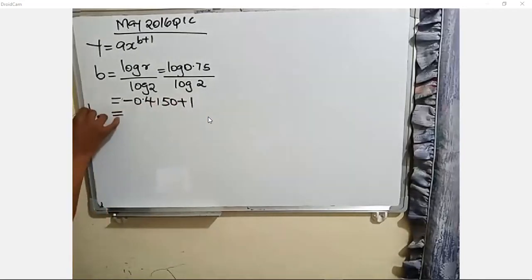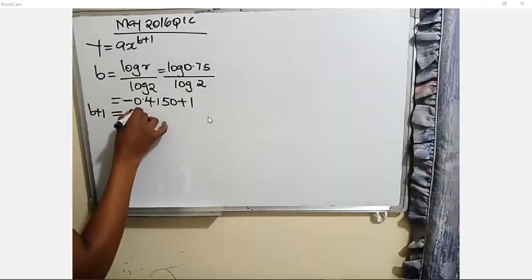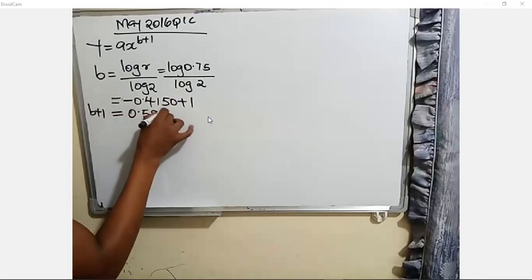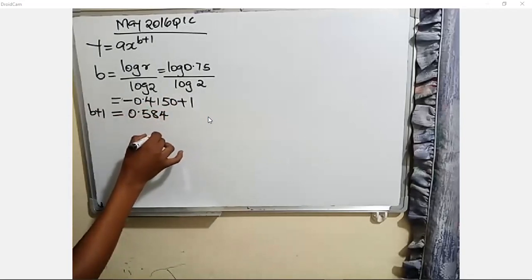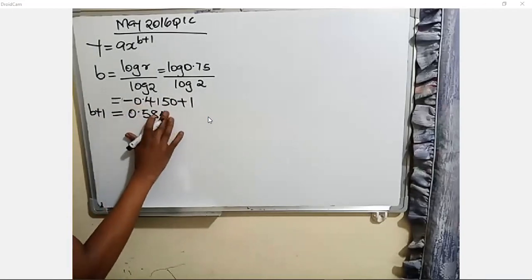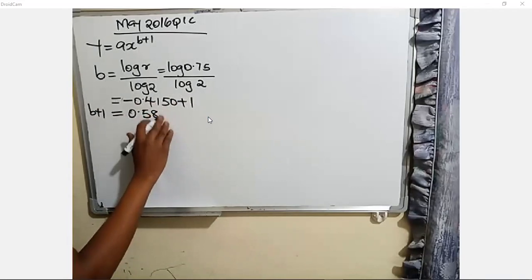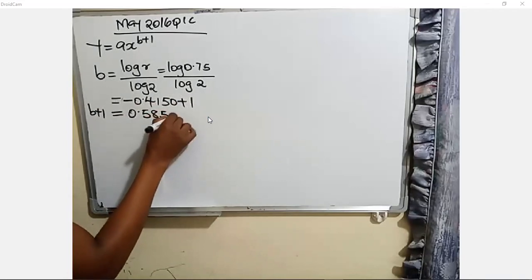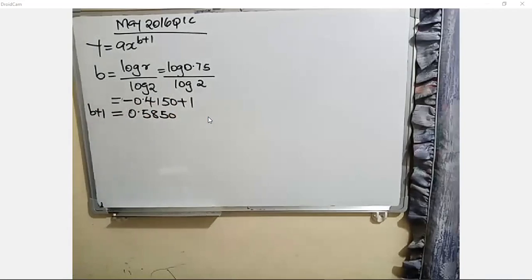What am I getting for b plus 1? 0.5849. It should be 0.585, right? Yes, 0.585. Thank you very much.